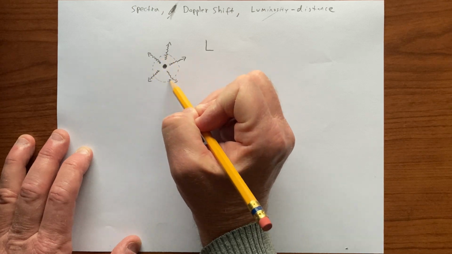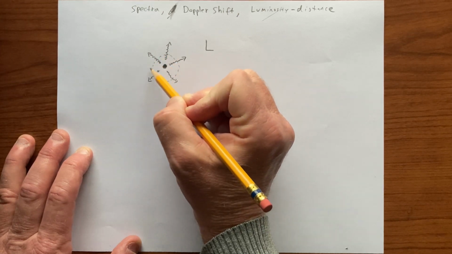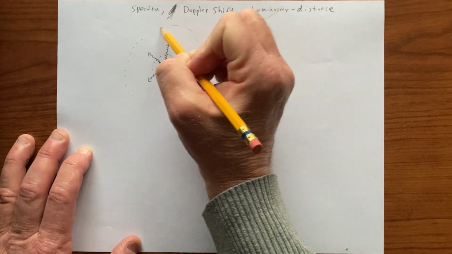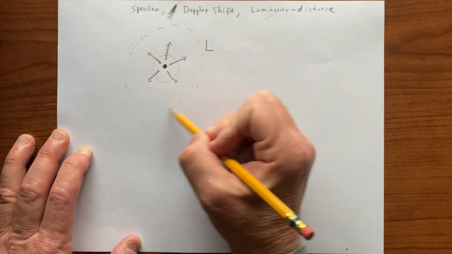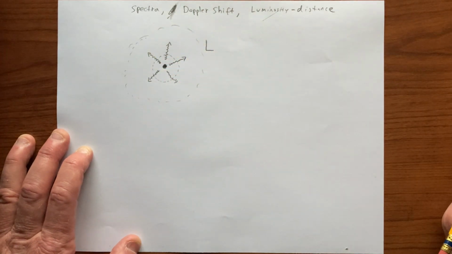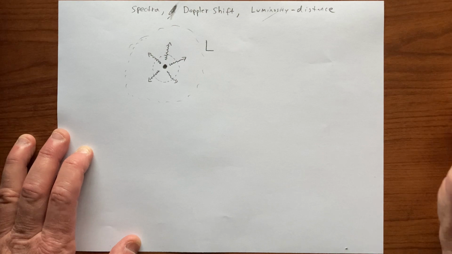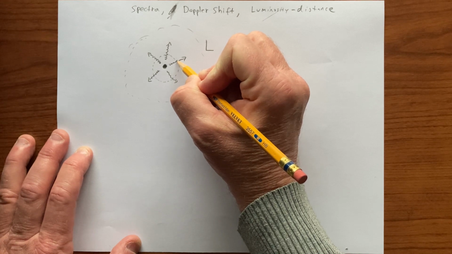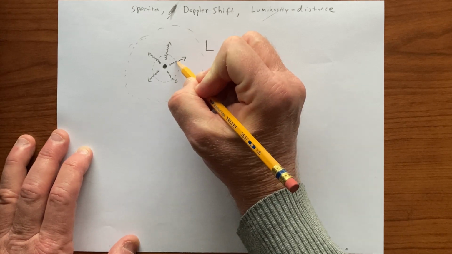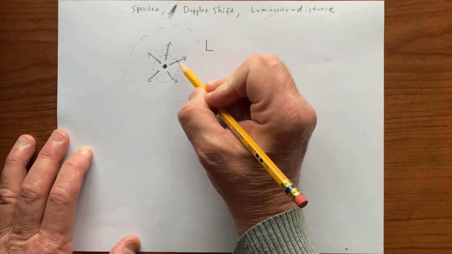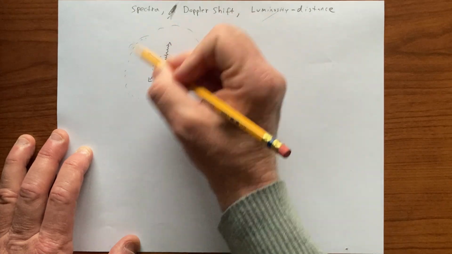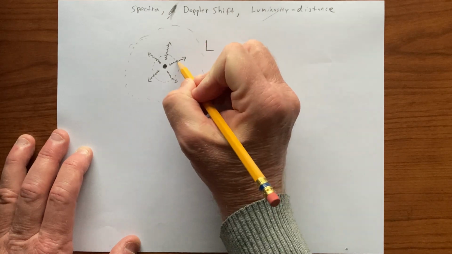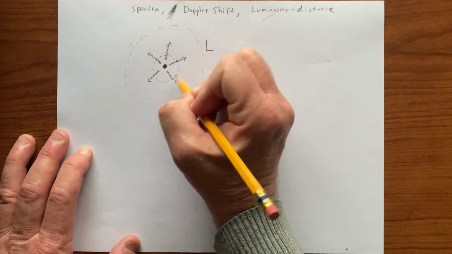So all of that energy crosses the sphere of some radius, and as we imagine larger spheres centered on the source, that energy eventually reaches those larger spheres, and it's always the same total amount of energy, L. So notice that at one point on these spheres, we have just a fraction of the total L, of the total energy, and the relationship between that fraction, which we call the flux, involves the total area of that sphere.